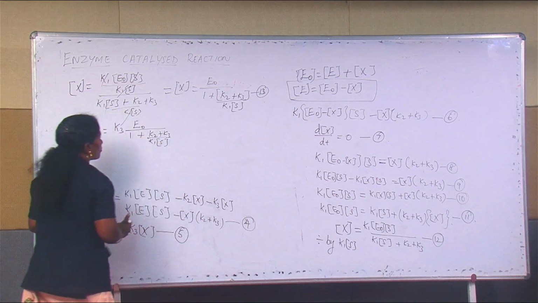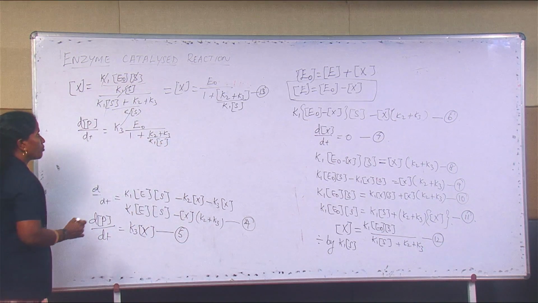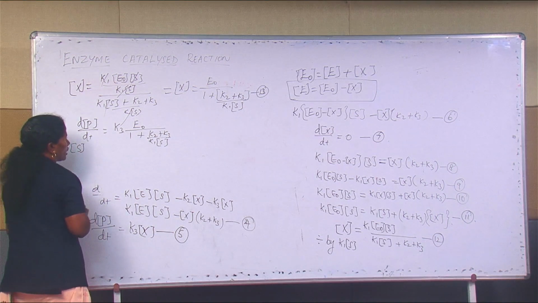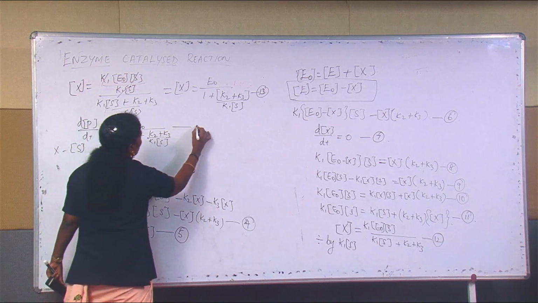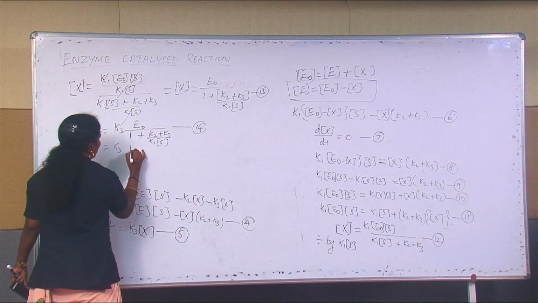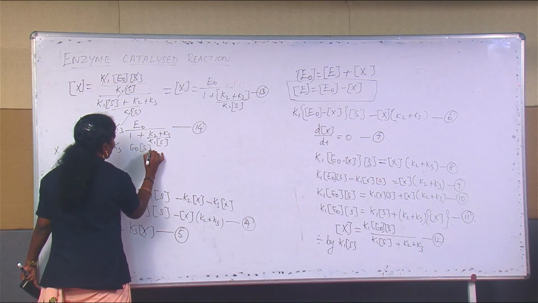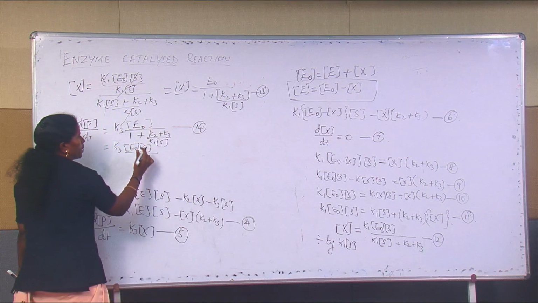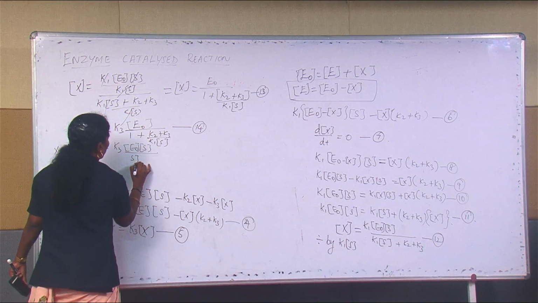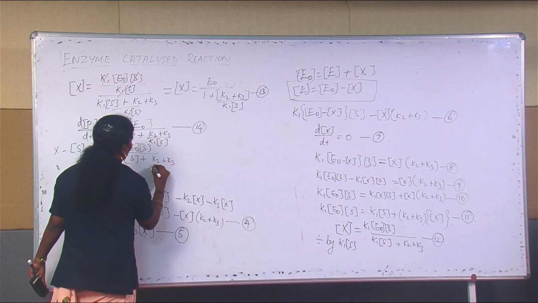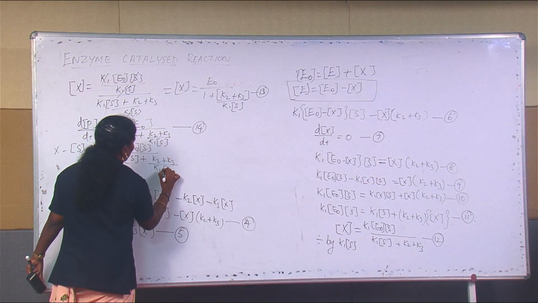So here multiply this equation by S. So this is equation number 14, multiplied by S. So K3 E0S divided by, in a square bracket, S plus K2 plus K3 by K1S.